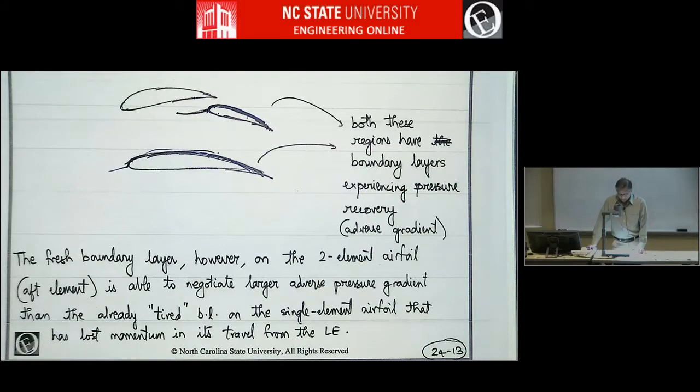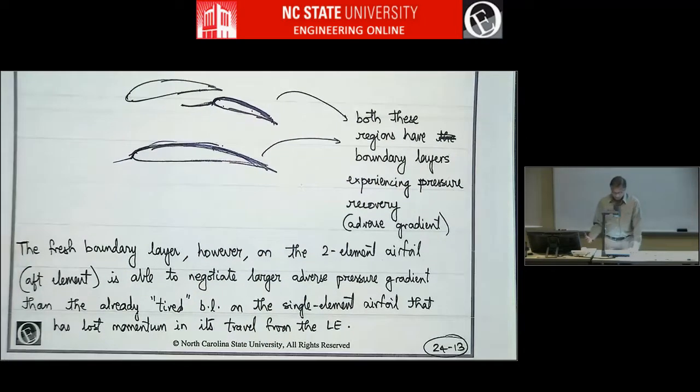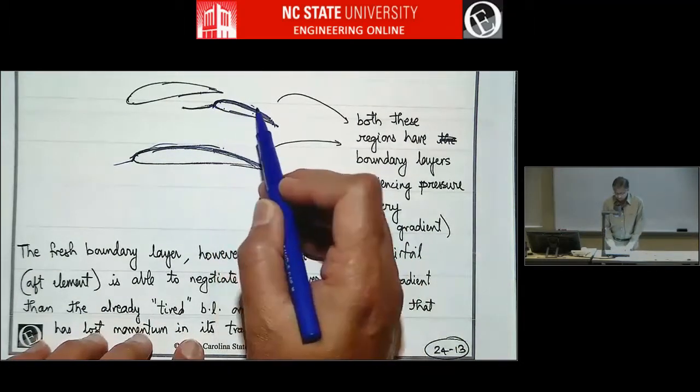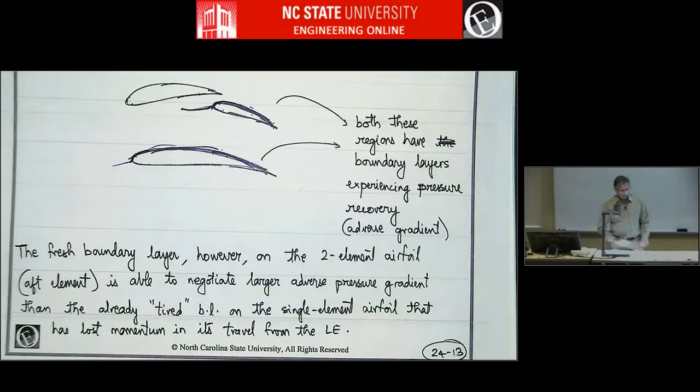If you want to think of it in a simple manner, this is less tired, so to speak. It's lost less momentum, right? So it's able to negotiate larger adverse pressure gradient because it's a fresh boundary layer compared to this one. And so all these effects put together help multi-element airfoils generate higher lift than a single element airfoil.